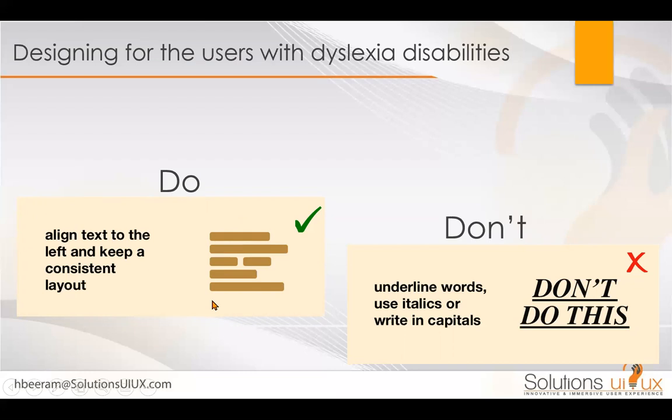When we keep this consistent layout, aligning text is much better compared to underlining. And nowadays, if you were on the internet 20 years ago, you would have seen a lot of websites using underlining, bolding, and text like that. It is no longer used anymore because of all of these challenges for people with dyslexia.